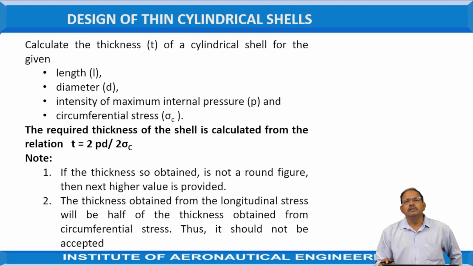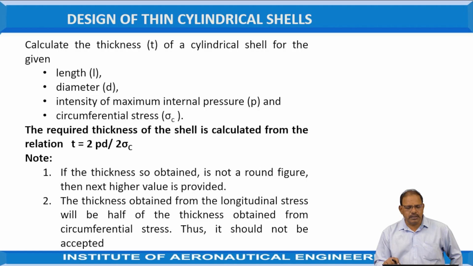Now, design of thin cylindrical shell. Already we have told that two types of stresses are induced in the thin cylinder when it is subjected to a pressure exerted by the fluid. Now let us consider certain parameters for the cylinder.